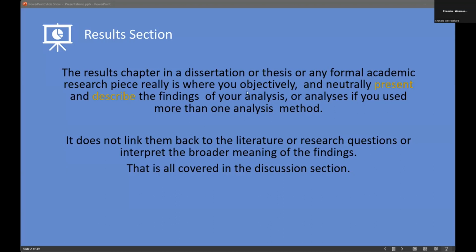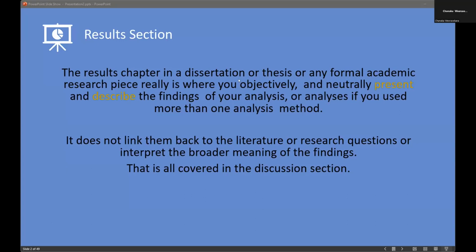What we are not going to do is interpret any data here. We are not going to interpret any output, any information that we get. It's just clear cut presentation and description about the findings.